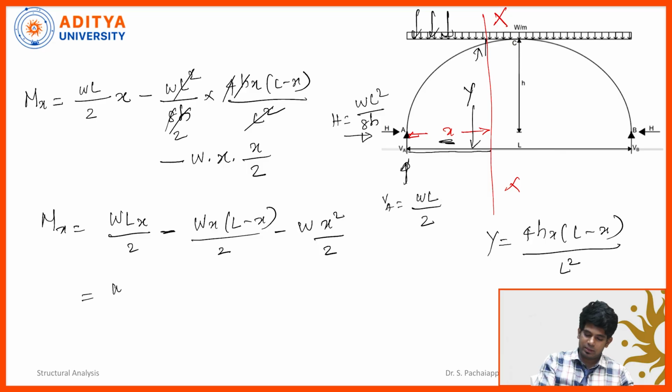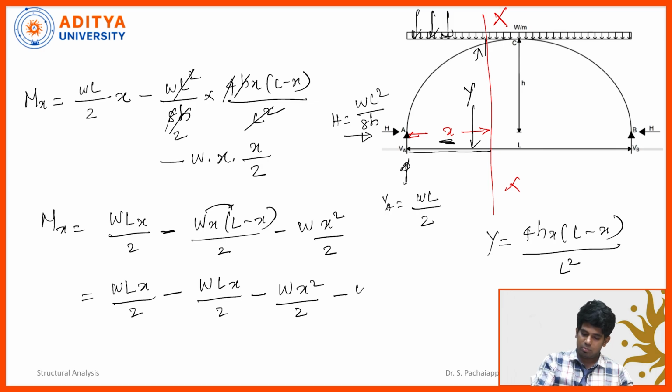Okay, further we will simplify this. WLx by 2, multiplying the term inside the bracket, I will be getting WLx by 2 minus W x square by 2 minus W x square by 2. I am just multiplying Wx into L, so WLx by 2, then Wx into minus x, so minus W x square by 2.